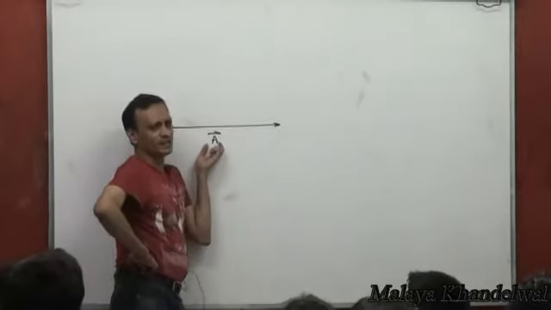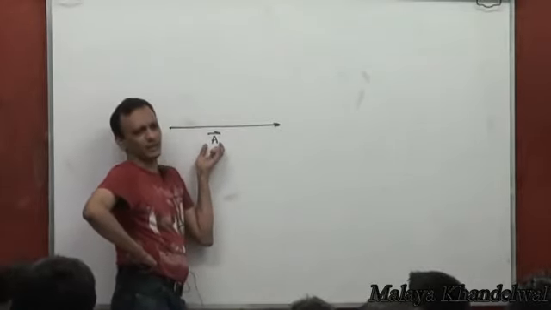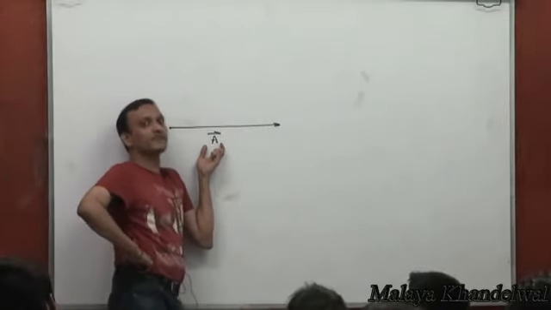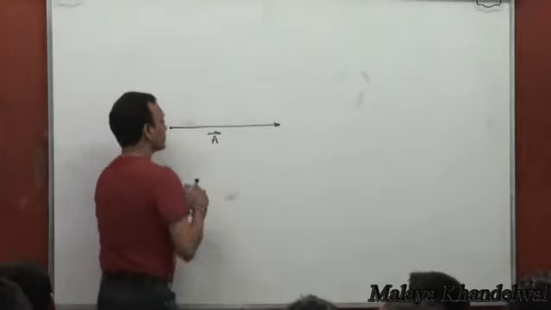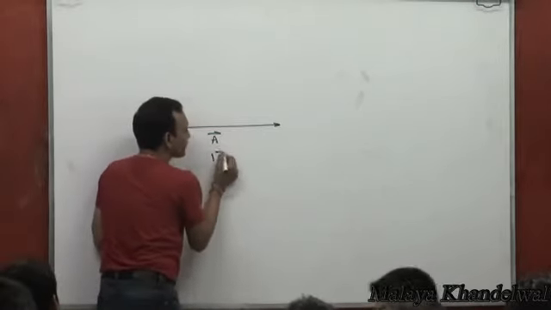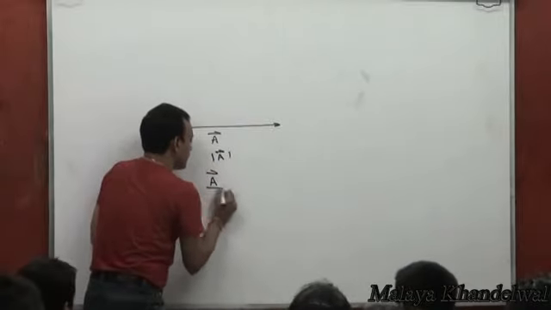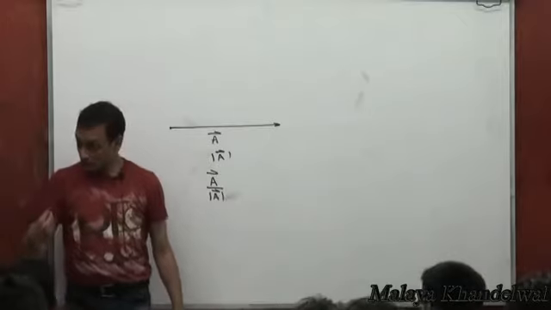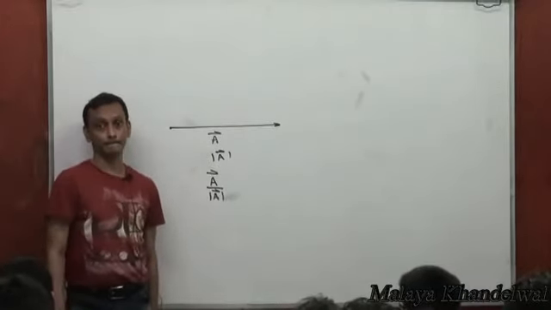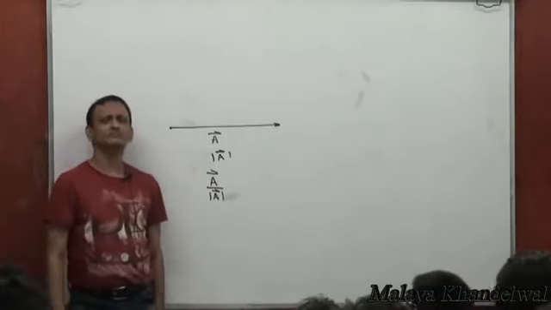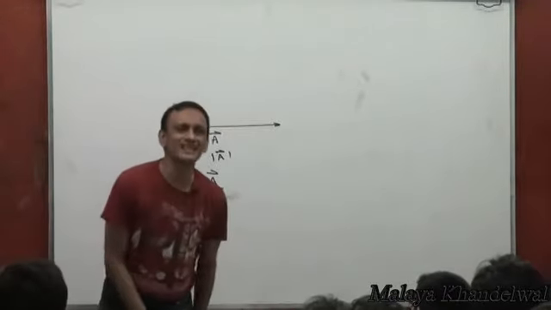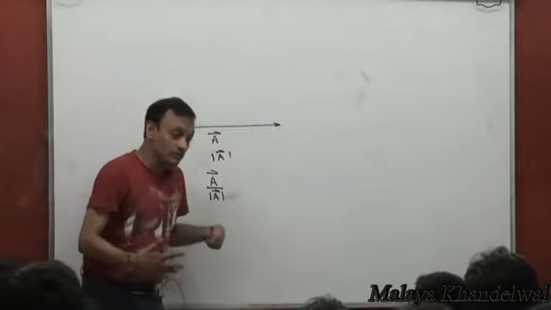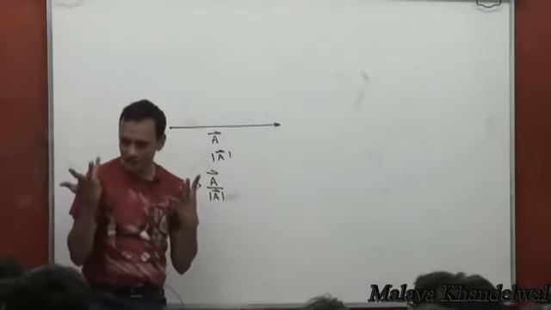Now, if there is a vector A, then you divide that vector by its magnitude. The magnitude of A is mod A. When you divide a vector by a scalar, the direction does not get altered, right?